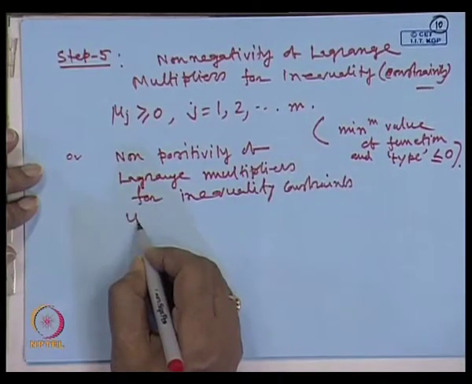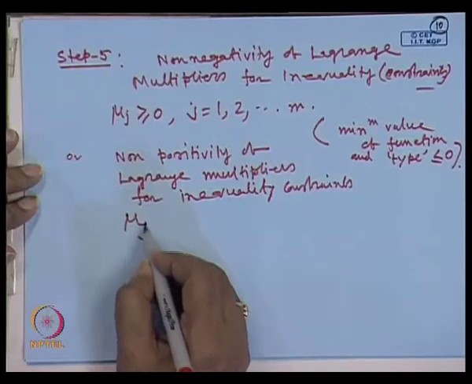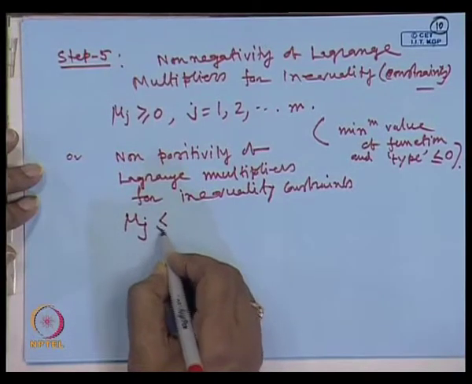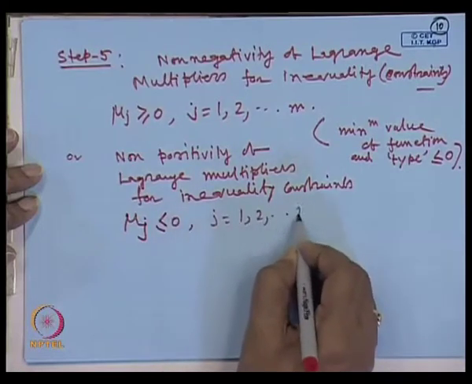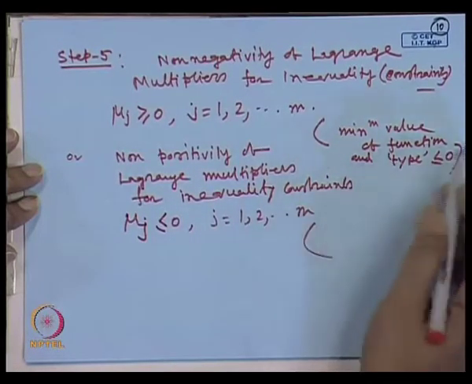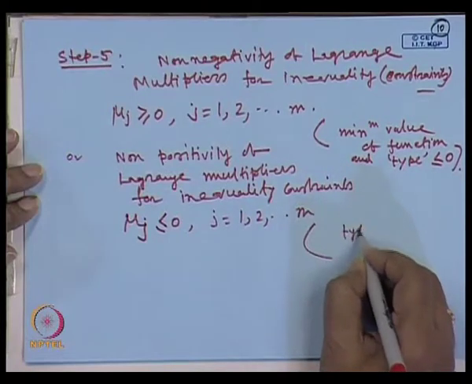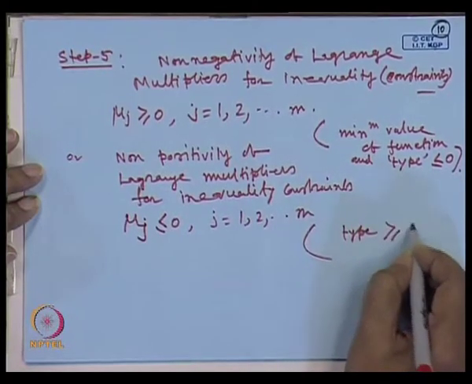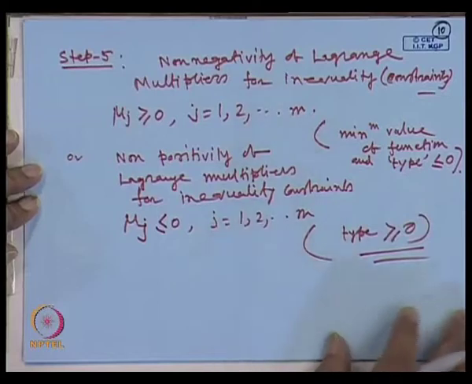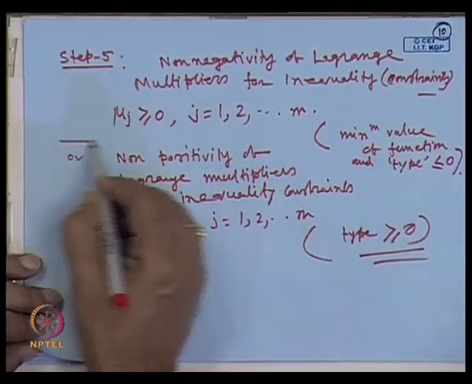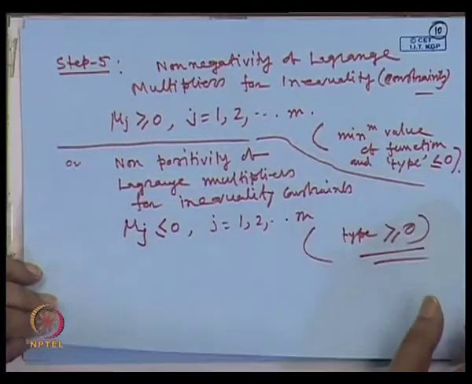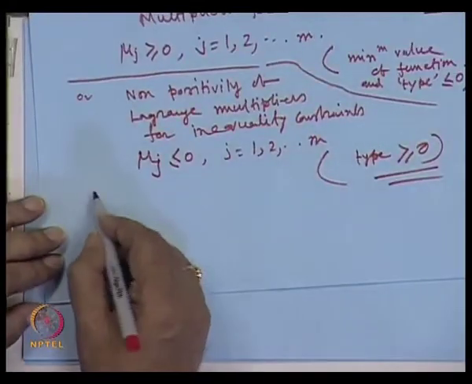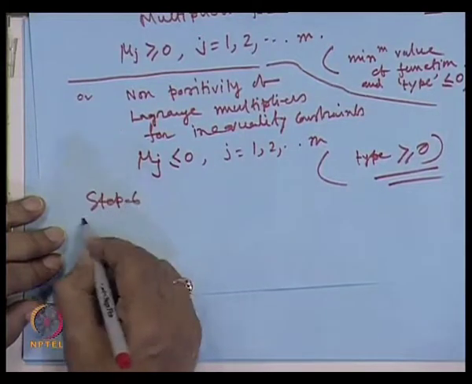That means mu j is less than 0 when you use the minimum value of the function, but the type is greater than or equal to 0. Agree? Anyway, this is the most general way; we will always take less than or equal to 0.